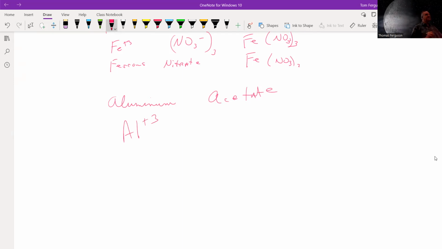What's the charge on acetate? -1. So we need 3 of those acetates to balance out that +3. So aluminum acetate is Al(CH3COO)3.